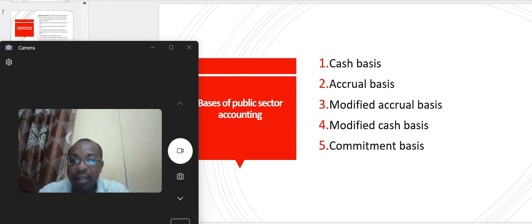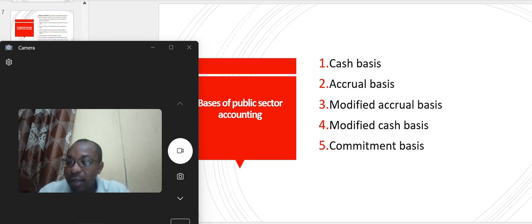But because you are using cash basis and you want to adopt modified cash basis, on 31st December you are not going to close those records, because there are a lot of transactions that happened in that same year that have not been captured because either payments have not been made or cash has not been received. So you now leave the books open till 31st March of 2020.